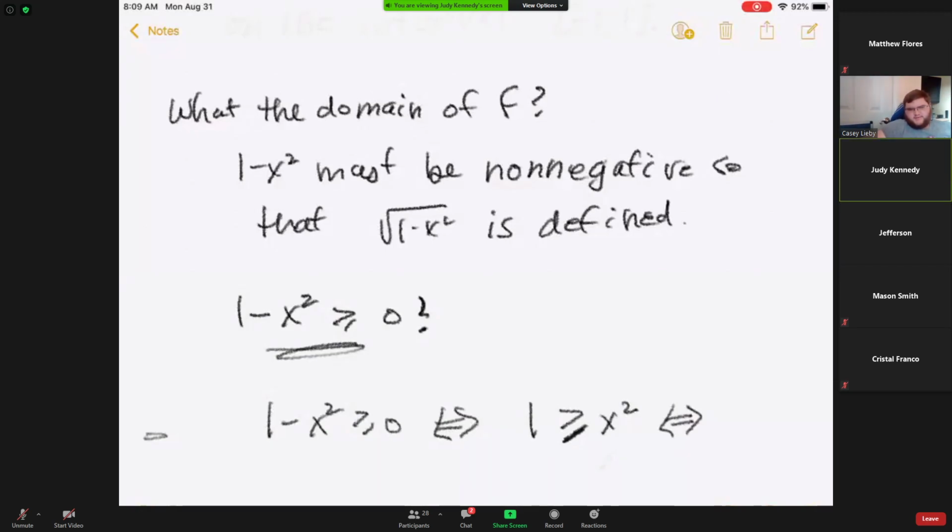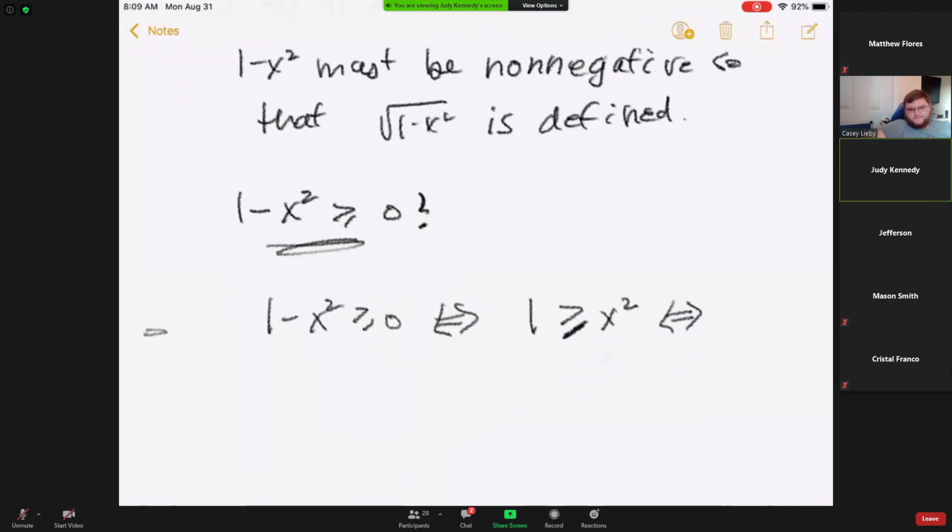Okay, let me change the question a little bit. When is x squared equal to 1? It will be equal to 1 when x is 1. Okay, that's one possibility. There's another, negative one. Yeah, x is 1 or -1.